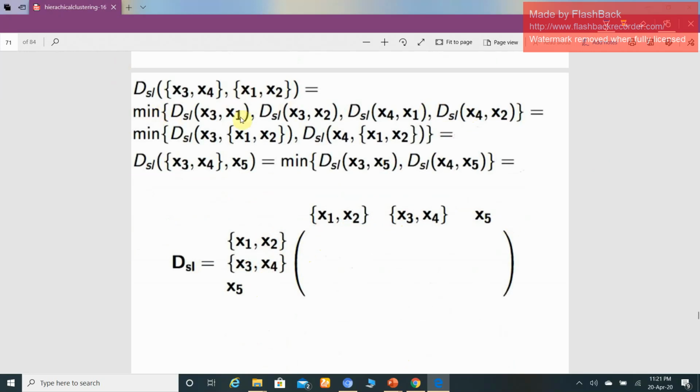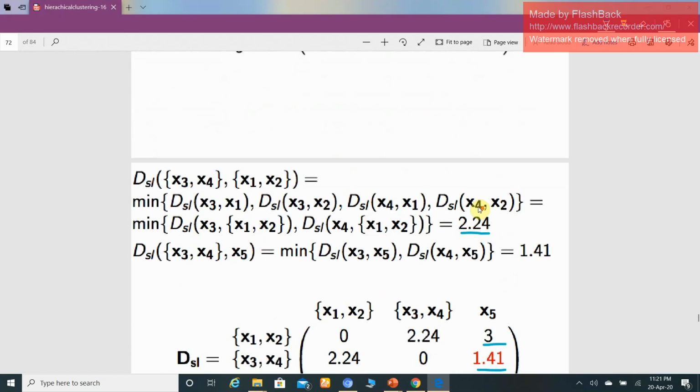This is equal to the minimum of this one. So which is equal to this one. Okay. Next, x3, x4, x5, means the minimum of x3, x5 and x4, x5. So now we have to calculate those values.